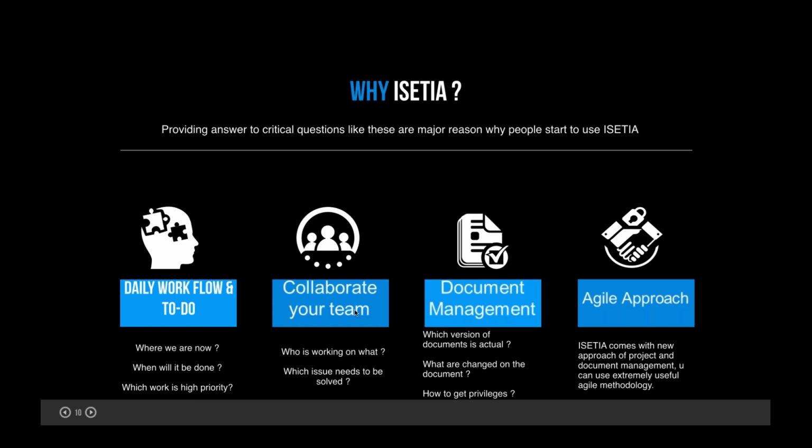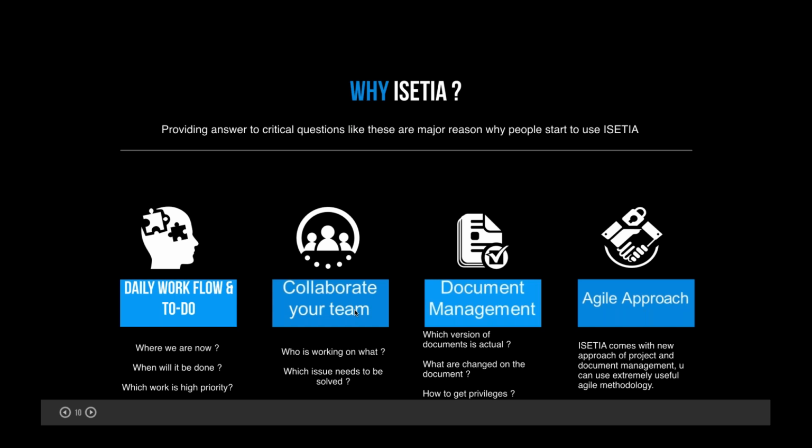We are answering questions like which version of the document is actual, what are the changes on the document, and how to get the privileges for this document. ISETIA will answer all of it with our document management and our ISETIA boards.